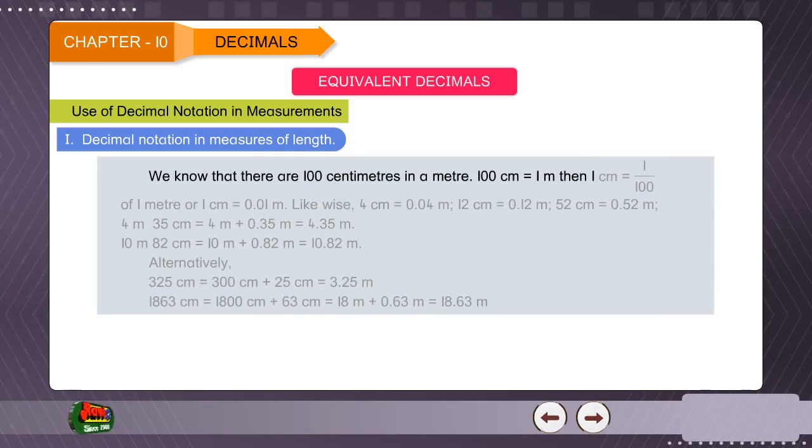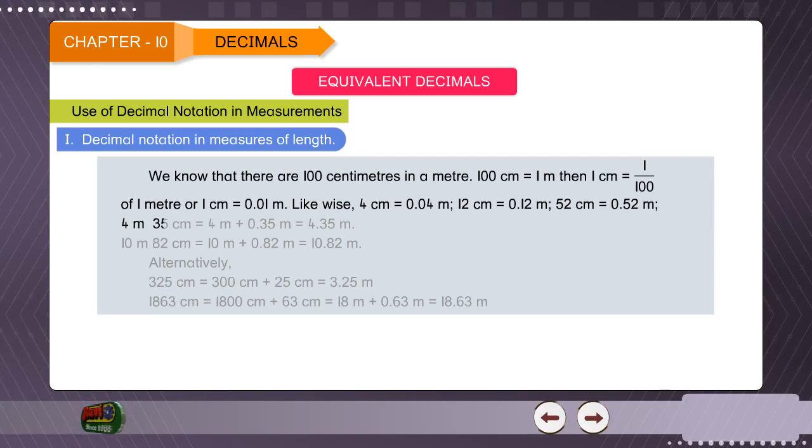Then 1 centimeter is equal to 1 by 100 of 1 meter, or 1 centimeter is equal to 0.01 meter. Likewise, 4 centimeters is equal to 0.04 meter. 12 centimeters is equal to 0.12 meter. 52 centimeters is equal to 0.52 meter.